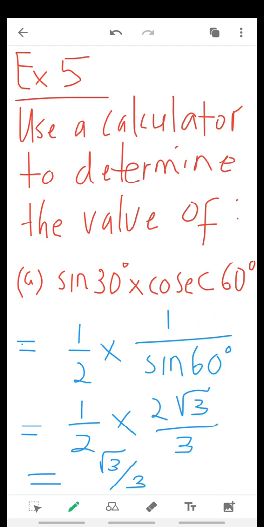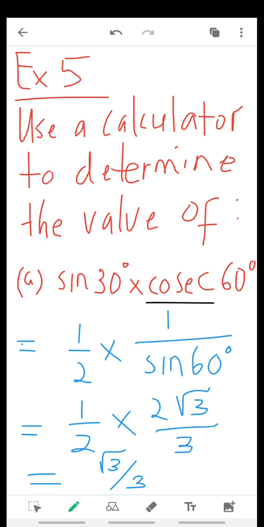Now let's look at example number 5. Use a calculator to determine the value of sine 30 degrees times cosec 60 degrees. Guys, remember, we don't have cosec in the calculator. So that means I have to use what I know. And what I know is cosec 60 degrees is the same as 1 over sine 60 degrees.